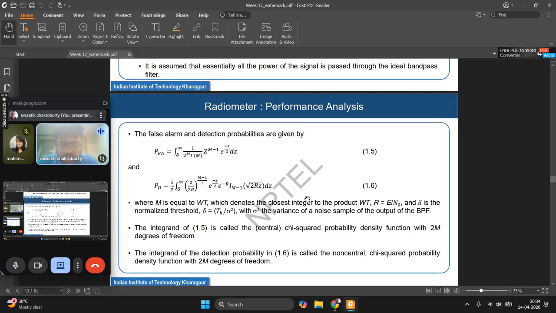If you know these, you can derive the PFA and PD, or realistically, if you have PFA and PD targets, you can find M and delta for those targets.